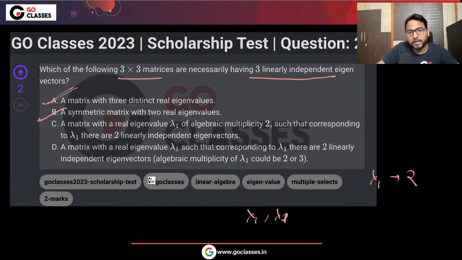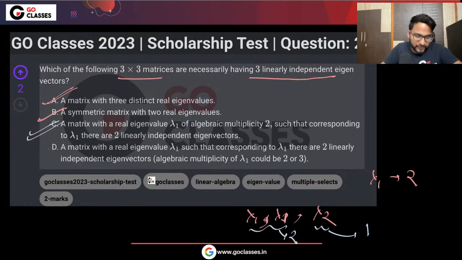Since it is a 3 cross 3 matrix, it must have one more lambda. Let's suppose it is lambda 2. Now there will be one eigenvector which will be different from these, because lambda 1 and lambda 2 are different, and from lambda 1 we have got 2. So ultimately we have got 3, right? So that is fine.